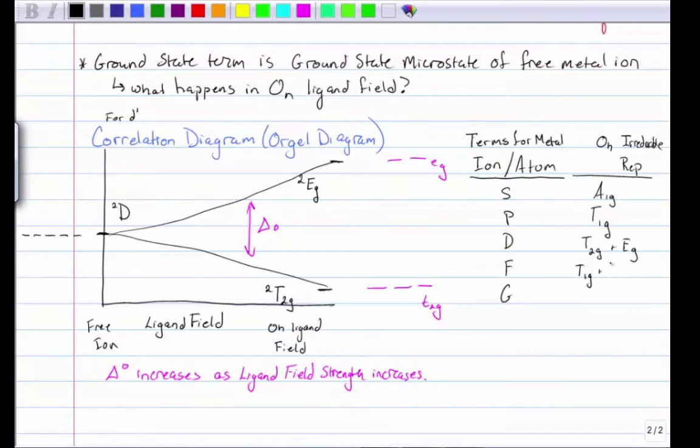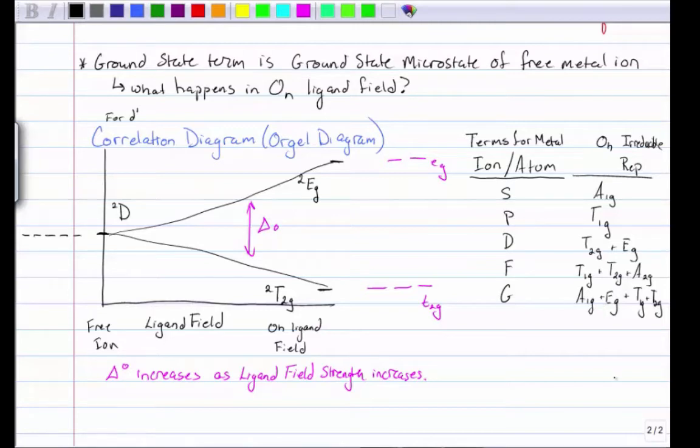The F splits into T1g, T2g, and A2g. The G microstate is A1g, Eg, T1g, and T2g. With the F and G orbitals, it's a little bit harder to read those directly off of the character table, so these are just for your reference.